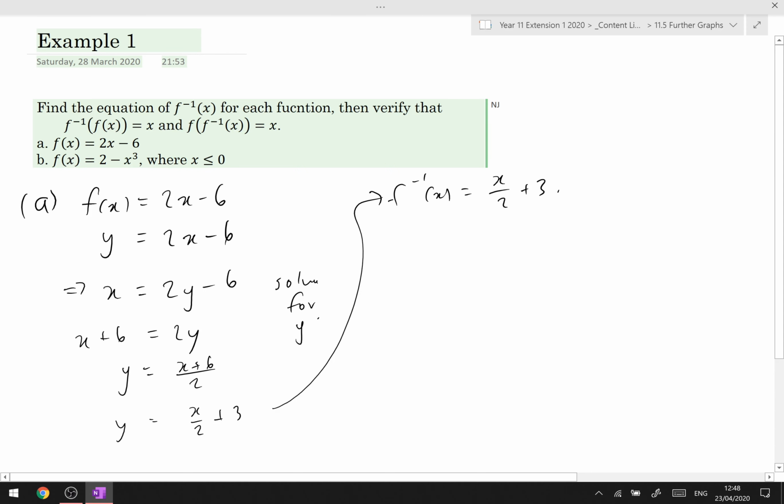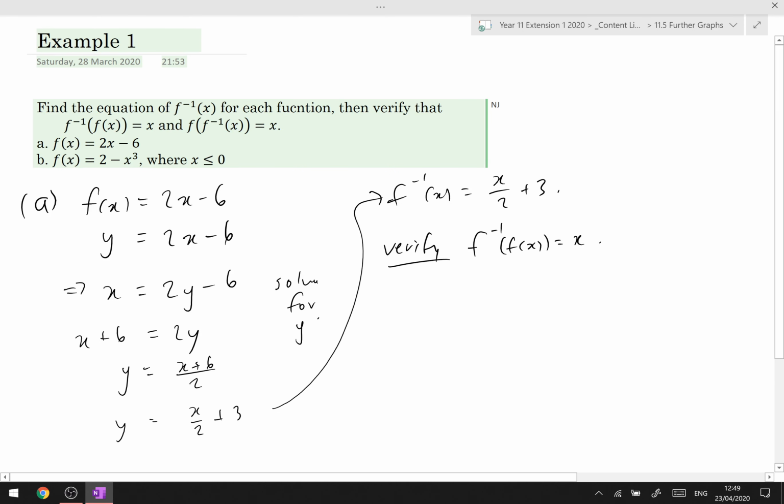Now I need to verify that f of -1 of f of x is equal to x, and the other way around works as well. Okay, so we're going to start off with verify f of -1 of f of x is equal to x.